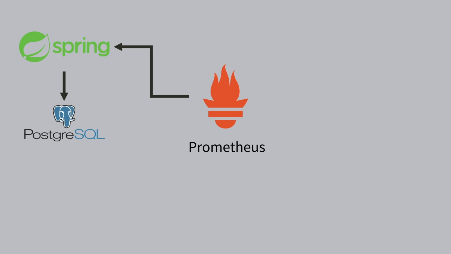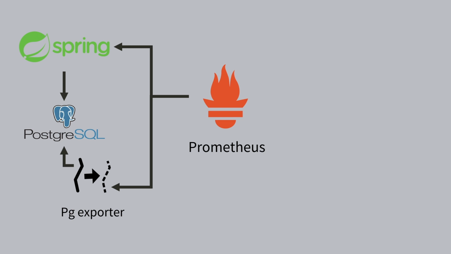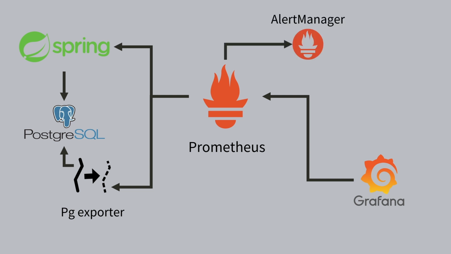For that, we'll have to provide an additional exporter service that can translate database stats to something Prometheus understands and provides an HTTP endpoint Prometheus can pull data from. We'll then query and visualize data Prometheus collects with Grafana. We'll also define an alert if any of our services goes down, which will send a notification to AlertManager. We'll use the local testing SMTP server Mailhog to receive notification emails.